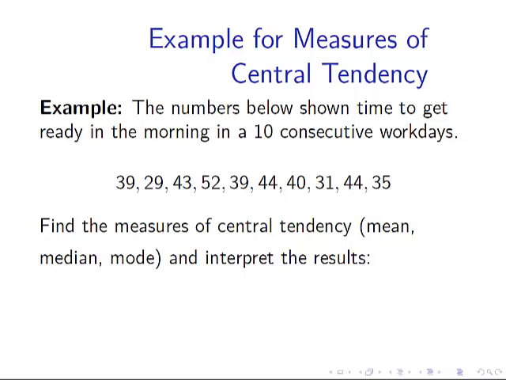The middle two numbers for our data are 39 and 40. If you put them into order, 39 and 40, and find the average of these two middle numbers, it gives you 39.5. Why do we find the average of the middle two numbers? Because the number of values in this data is even.